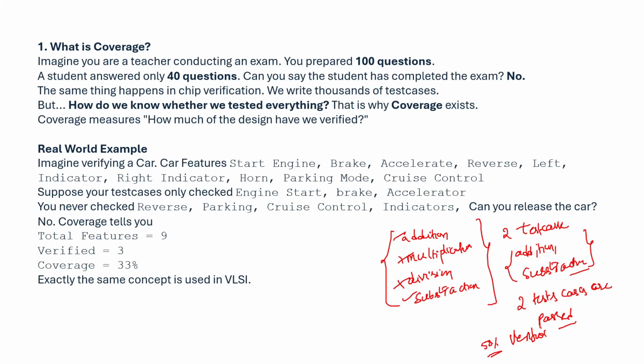So simply what I'm saying is that coverage is a set of metrics used to measure whether the design has been exercised 100% or not. Whatever design we are considering, this coverage will tell you whether it is verified 100% or not.